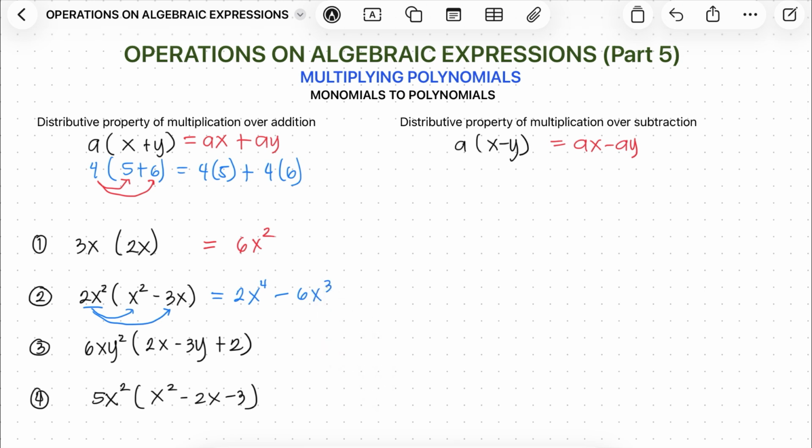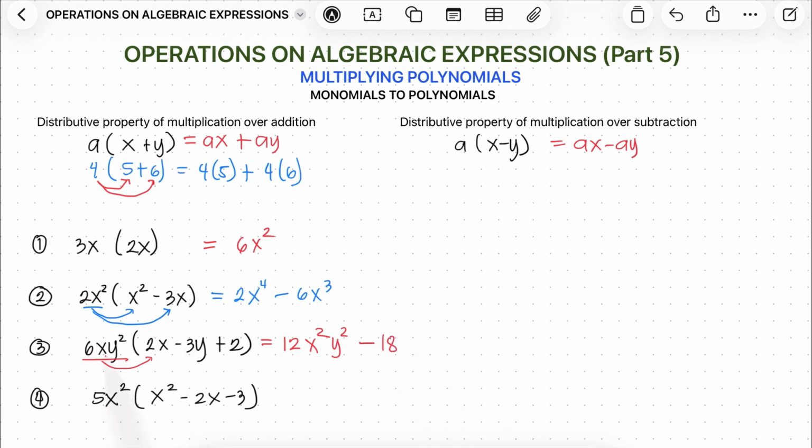Okay? Next, we have 6xy squared. Distribute that. We have 6 times 2, that's 12. And then next, x times x will be x squared. And then there is no y, so I will just copy the y squared here. Next, minus. So where did the minus come from here? Okay, so 6 times 3, that is 18.